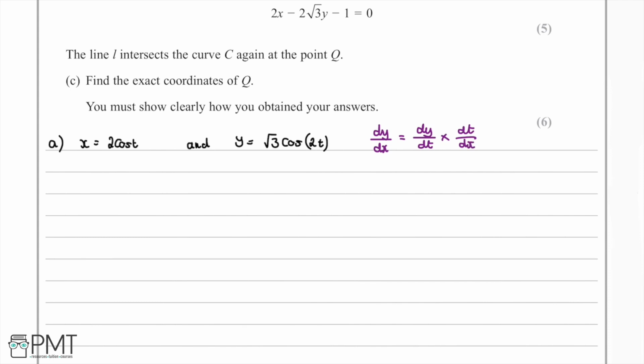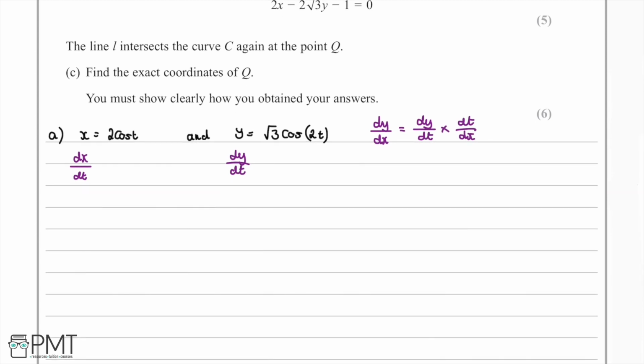So if we differentiate our equation for y with respect to t, we'll have dy by dt. And if we differentiate our equation for x, we'll have dx by dt. So then all we need to do is substitute dy by dt in here, and then we can do 1 over dx by dt to give us dt by dx. So let's calculate these now.